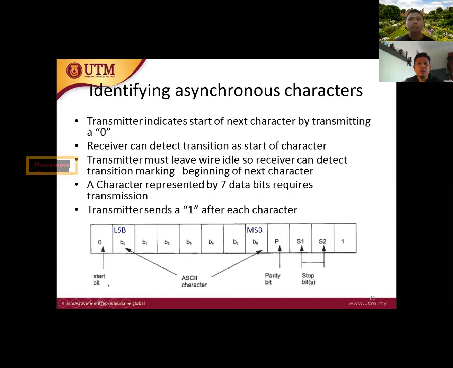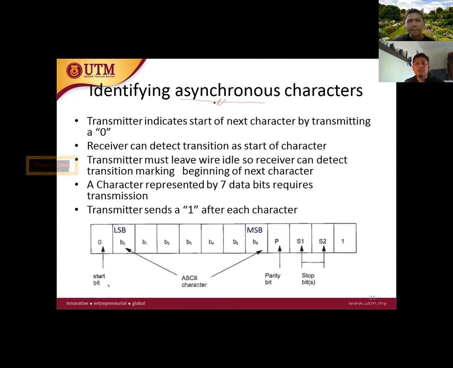Okay. So how to identify the asynchronous character? Remember that this RS232 is asynchronous because the data it sends is 1 bit per bit, and so it takes some time for the data to be translated or converted by the receiver.